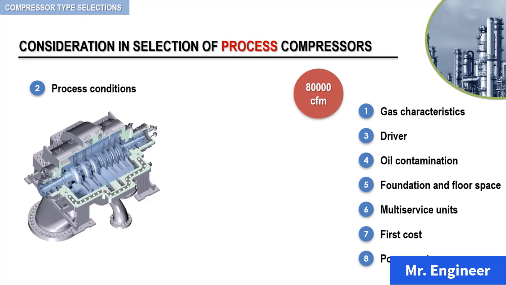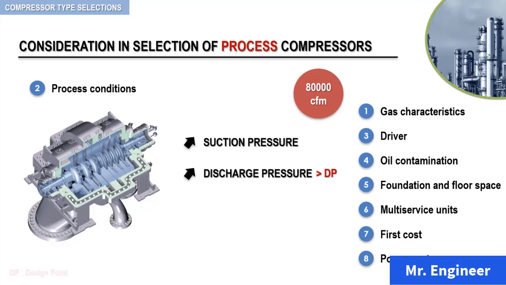In centrifugal compressors, if suction pressure is raised, the discharge pressure will exceed the design point. The horsepower will increase, and excess pressure may have to be throttled down. Now, if the suction pressure is lowered, the centrifugal compressor will not compress to the desired discharge pressure.